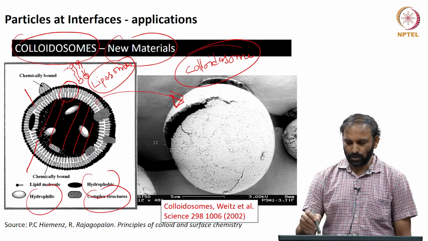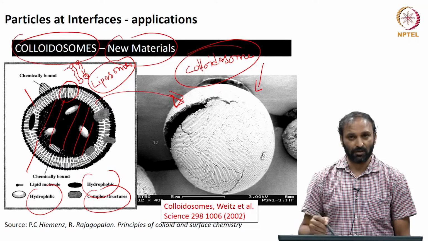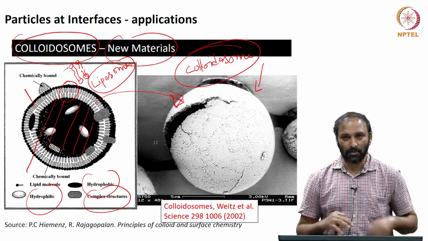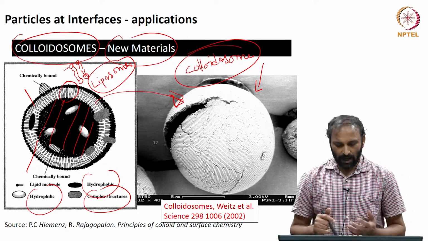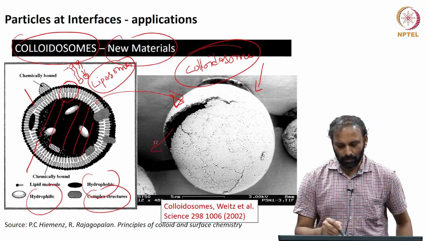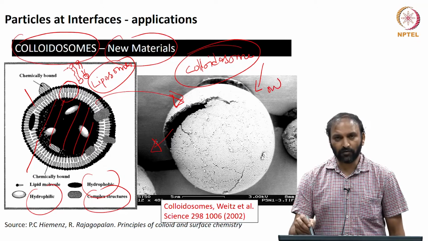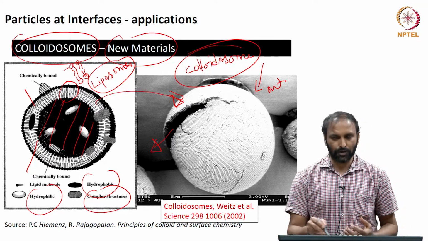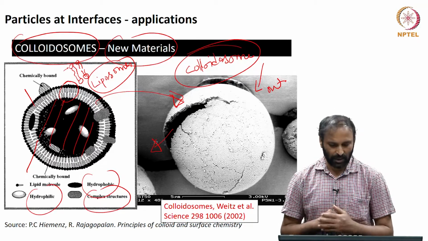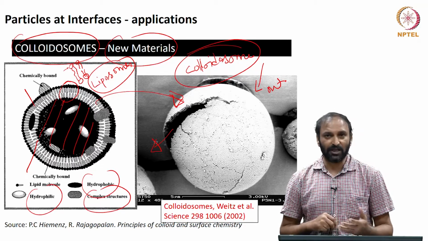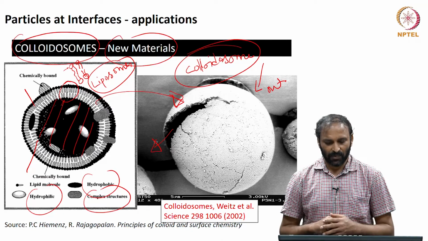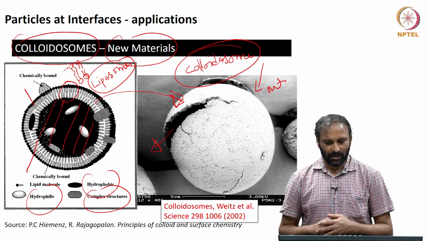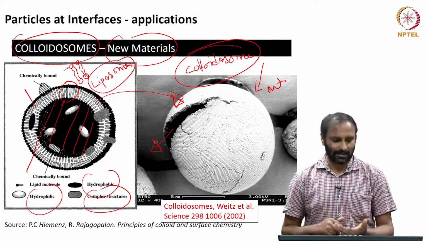What you do is make a particle stabilized emulsion, and you can cross link the particles, that means you can join the particles that are on the surface, and you can evaporate both the inner fluid and the outer fluid to get a shell like structure called colloidosomes, and there has been a lot of interest in making such materials from different particles and exploiting them in some controlled release applications.